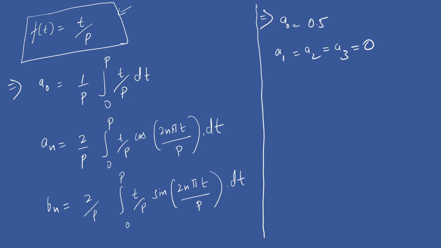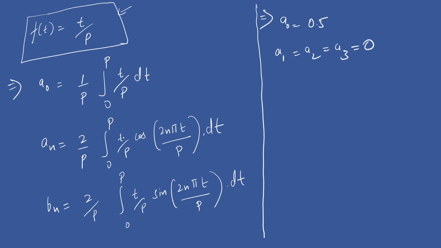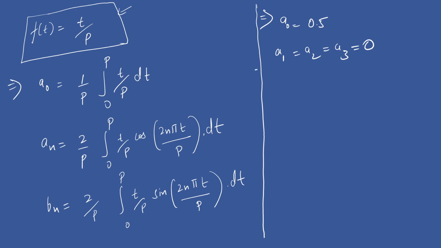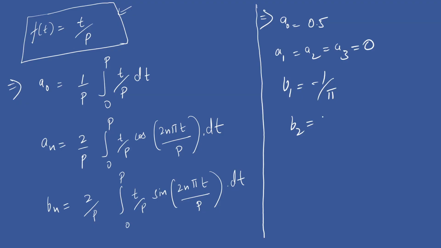Because when the p term gets introduced, the whole term becomes 0, and once you do the integral and put in the limit p, this cosine term will be 0. Then for the bn terms, b1 is equal to minus 1 by pi, your b2 value is given by minus 1 by 2 pi, your b3 value is given as minus 1 by 3 pi.